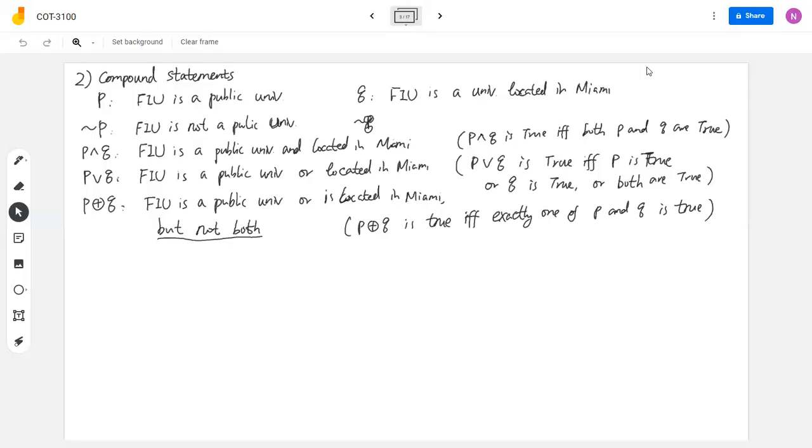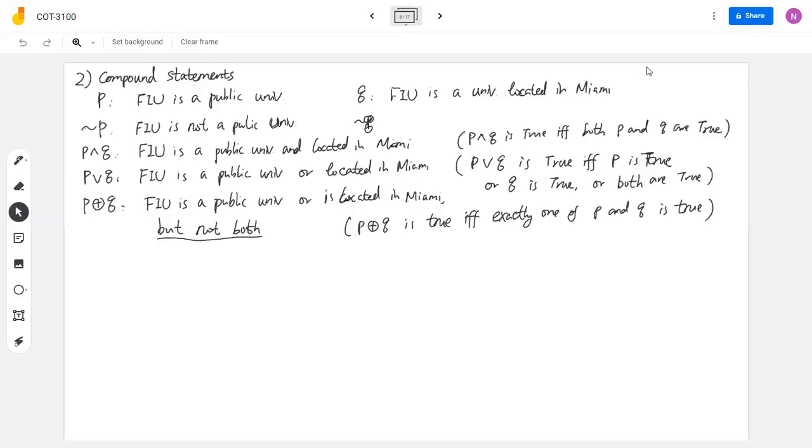But because a public university in Miami already got a grant, and they can only fund one public university in each city, if you meet both conditions, if you are a public university in Miami, you cannot get a grant. I guess you can easily construct many examples by yourself.